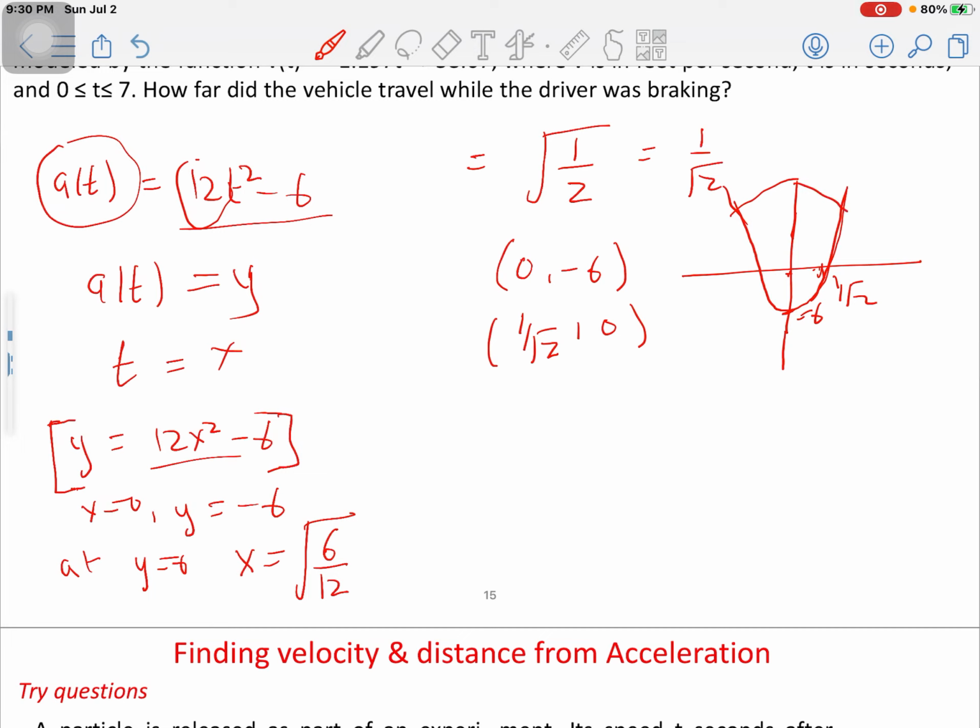So you can use GeoGebra to basically draw this to see how things will appear for you, to see whether you are right or not. Same thing applies to the velocity function. So I would advise that you try your hands on it and then use GeoGebra to confirm your answer, because of time.